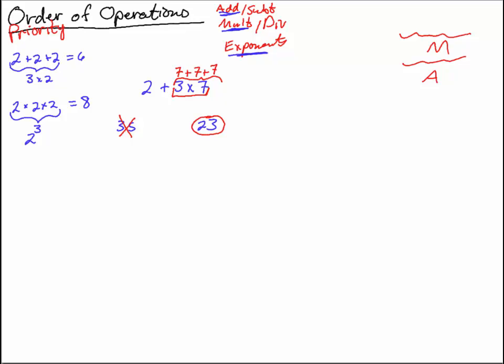Let's do one that has an exponent in it. 3 plus 4 times 2 to the 5th power. And that's exactly what happens here. 2 to the 5th power is 2 times 2 times 2 times 2 times 2, all sucked up into that one number. So that is really a 32. So we really have 3 plus 4 times 32.